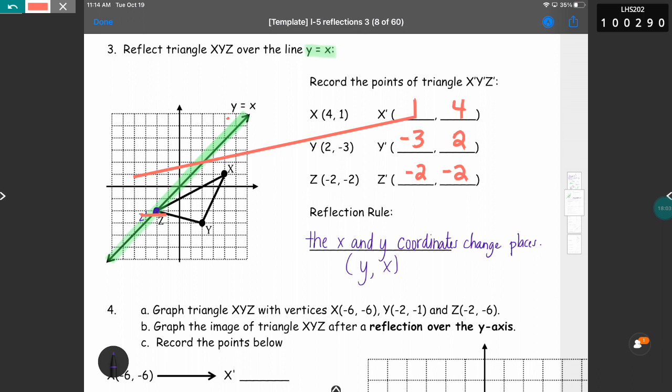This is X prime. And this is Y prime. So that is what your new figure should look like. Okay? Any questions for that?